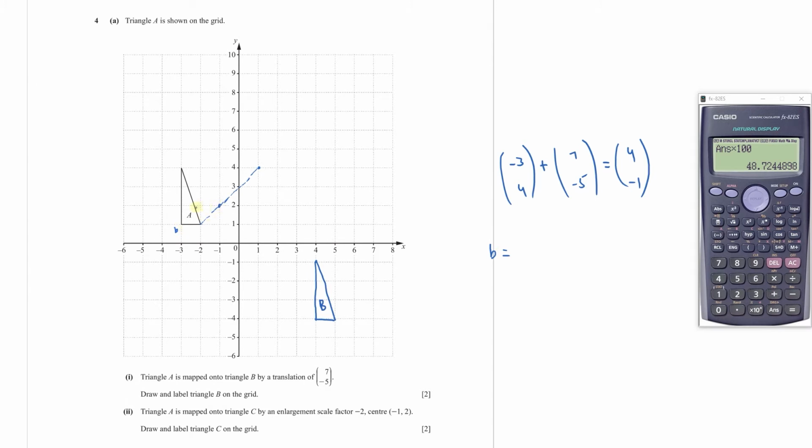You go -2 in X and then -1 in Y. So your coordinates of B with respect to this center of enlargement are -2 and -1. And then to find the image B dash, you simply multiply the scale factor -2 by -2, -1. So you will get +4 and +2, right?